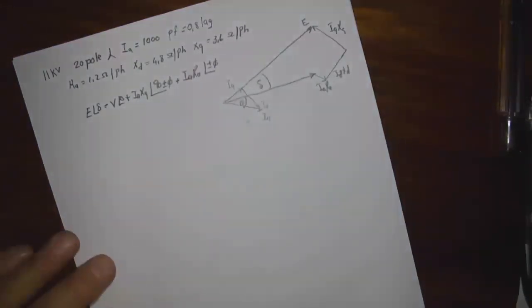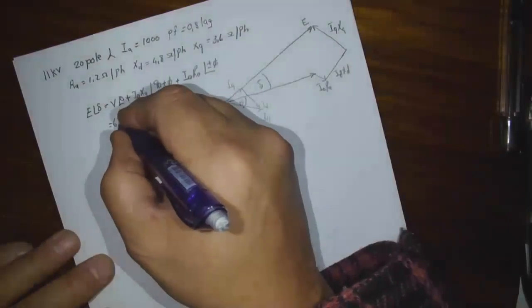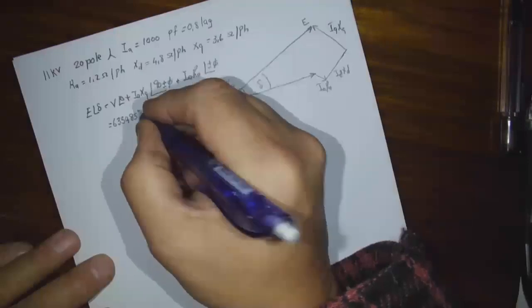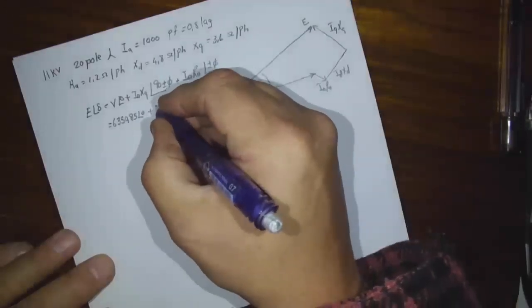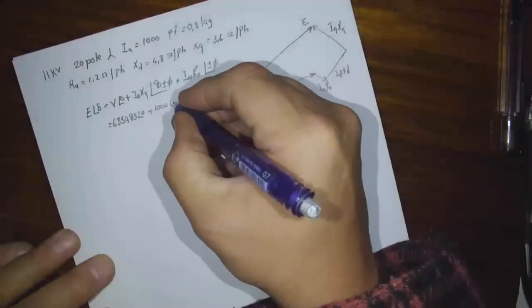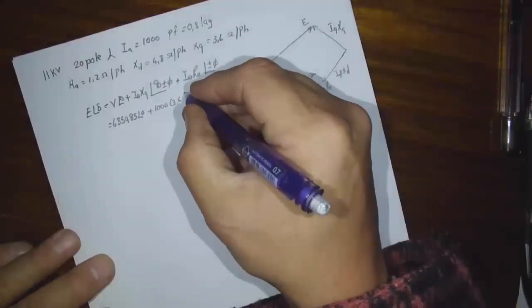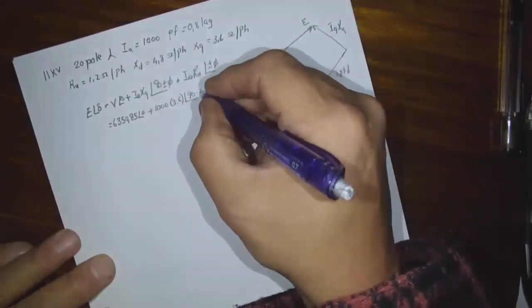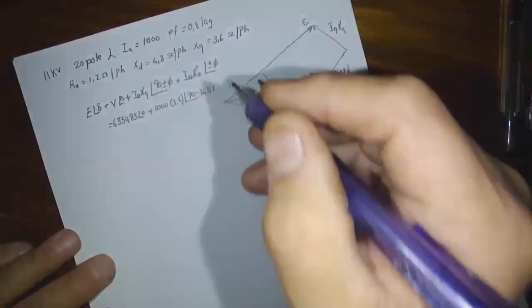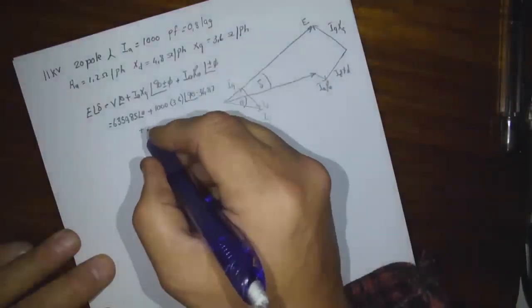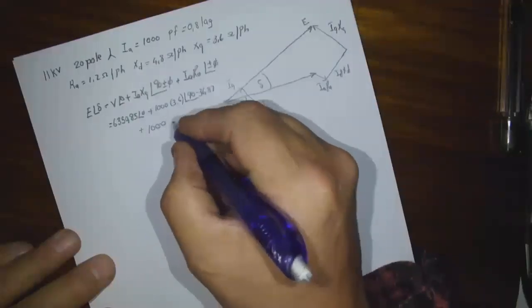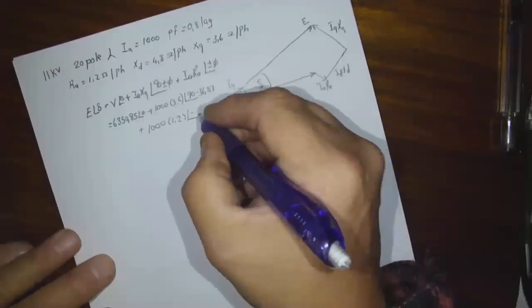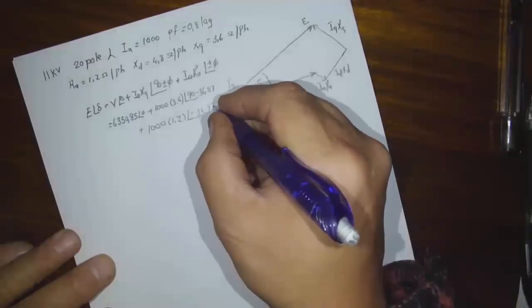In this case, it's then 6350.85 angle 0 plus 1,000 times 3.6 angle 90 minus 36.87, plus IA RA, it's 1,000 times 1.2 at an angle of minus 36.87.